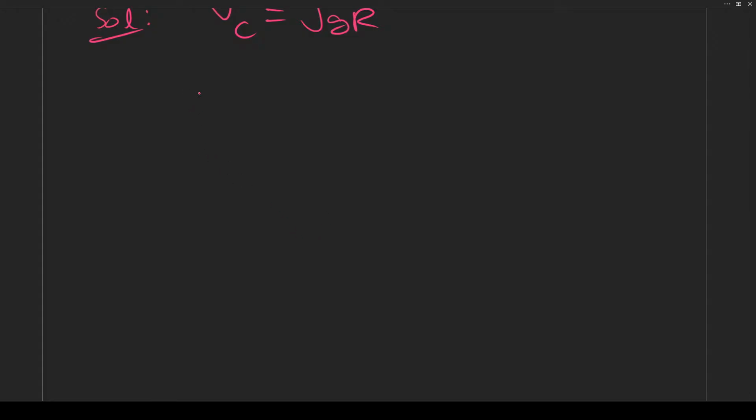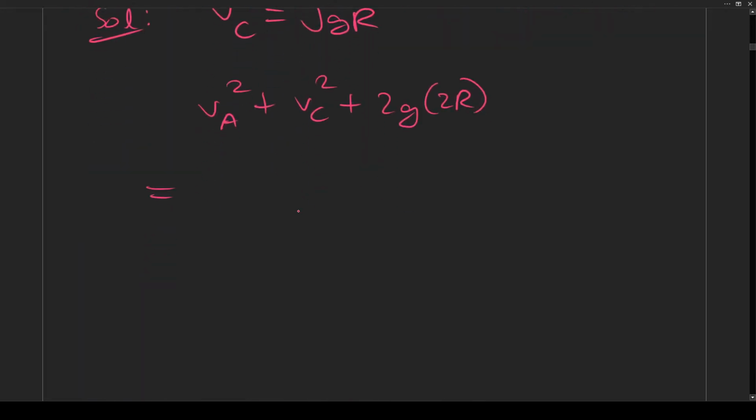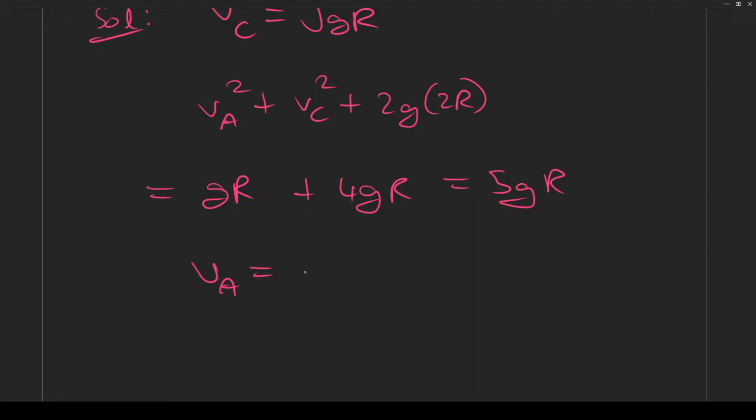Now for VA, we take VA square equals VC square plus 2g times 2R, that is gR plus 4gR, which is equal to 5gR. So basically we got VA equal to root of 5gR.